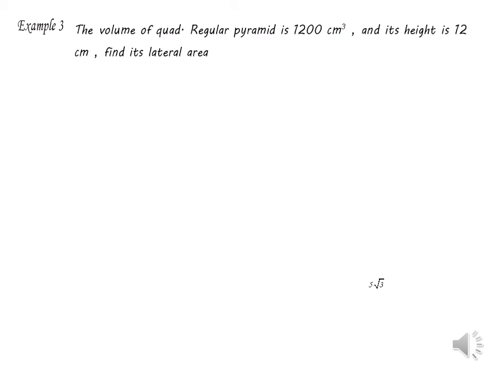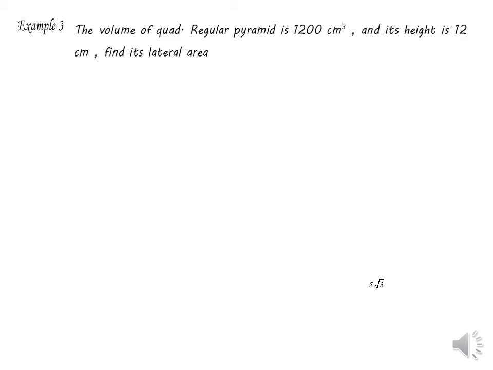Find the total area. Here we have the volume equal 1200 cubic centimeters, height equal 12. We know that the volume equals 1 over 3 base area times height, equal to 1200.